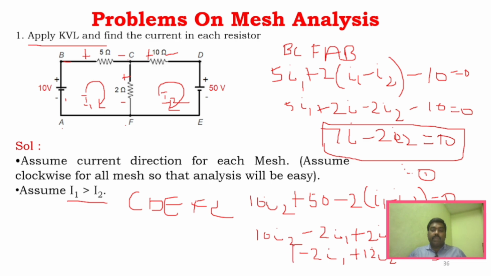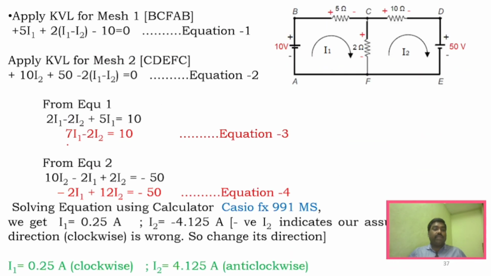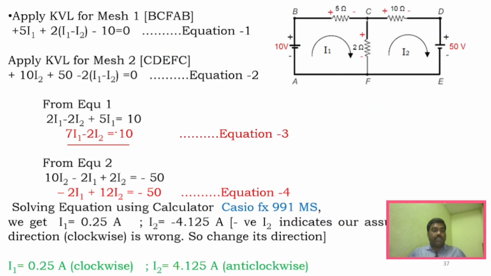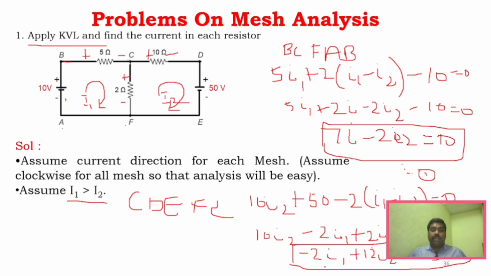This is expression 2, correct? Now we'll see whether we got the correct expression. You can see 7 I1 minus 2 I2 is equal to 10, so we got the same expression. And similarly here, it's minus 2 I1 plus 12 I2 equal to minus 50.